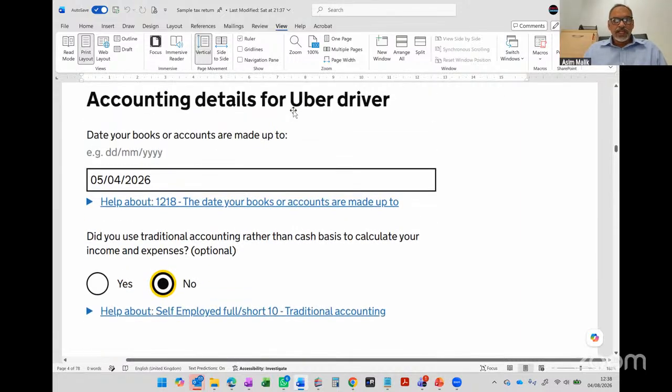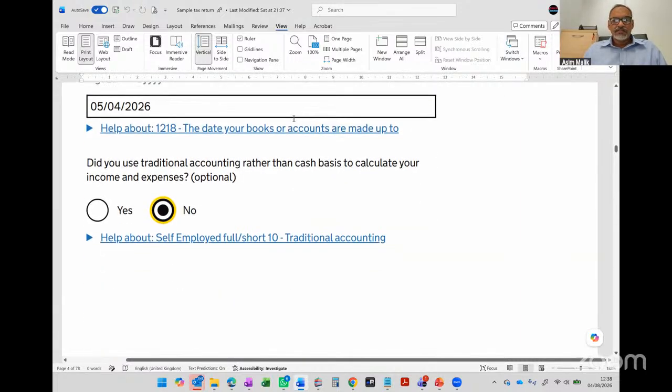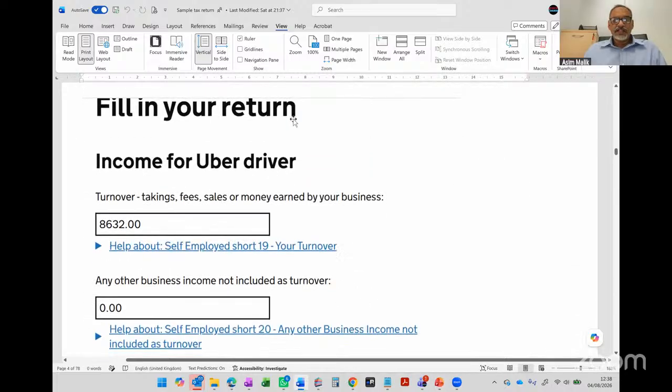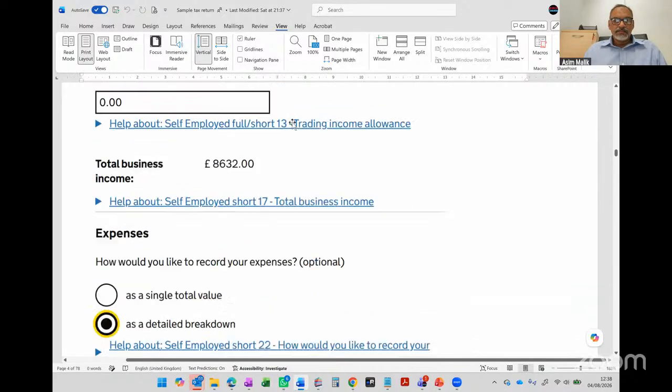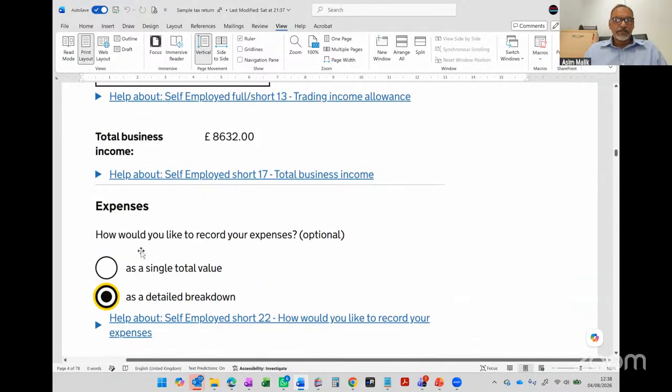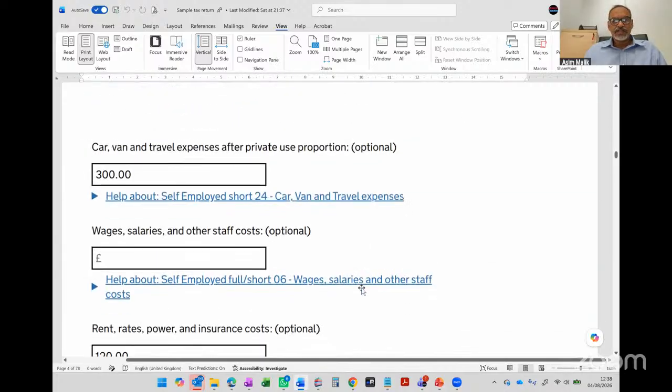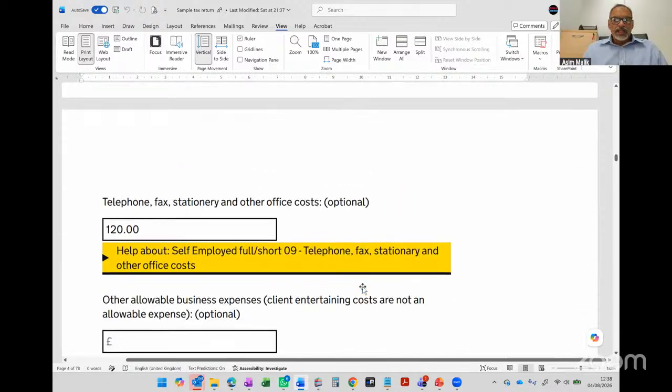Again, just feed in the information based on your accounts. If the business is less than 90,000 pound, you can just basically add a single value of the whole expenses. Otherwise, a breakdown provide करोगे.